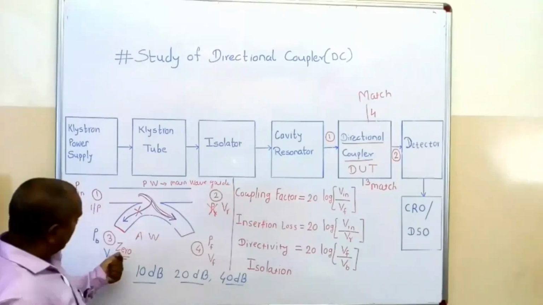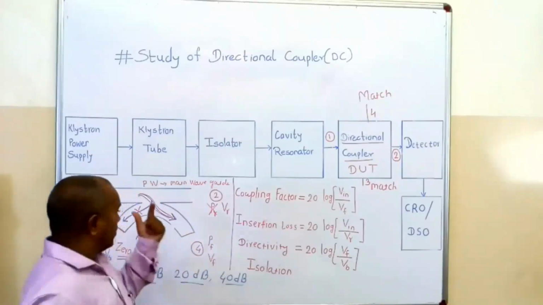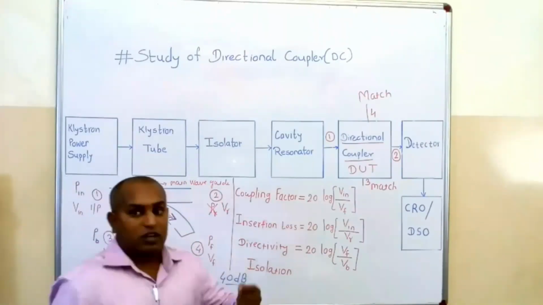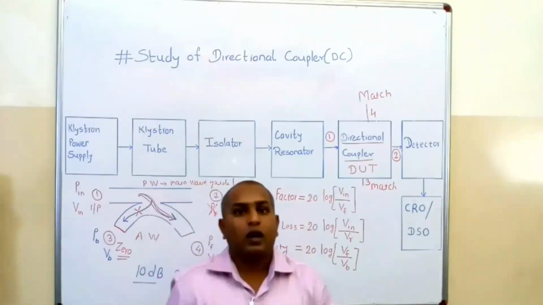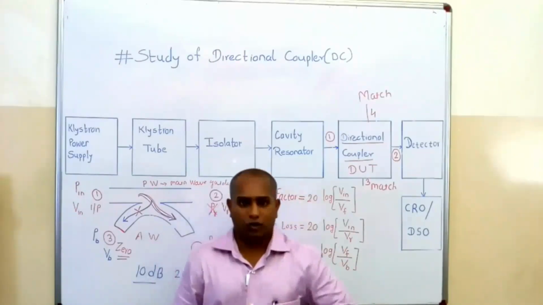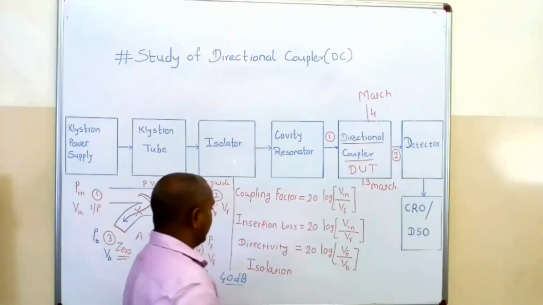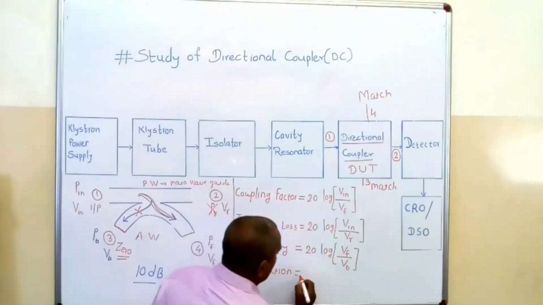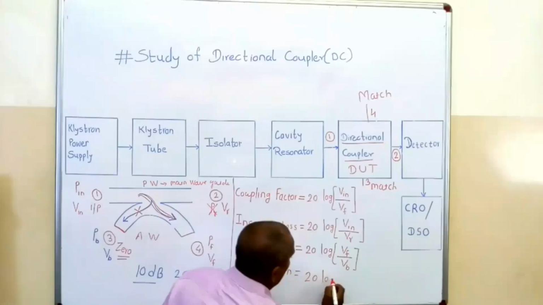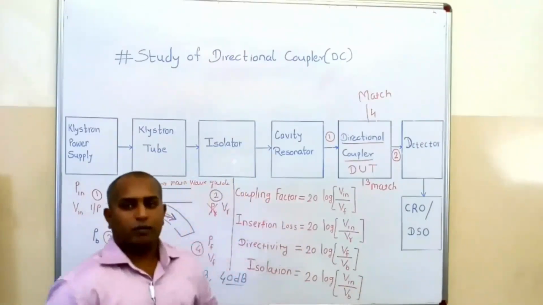If the power across port number 3 equals 0, then according to the definition, the isolation is the ratio of input power to the back power, and hence we will replace power in terms of voltage. So we will write 20 log of Vin divided by VB.